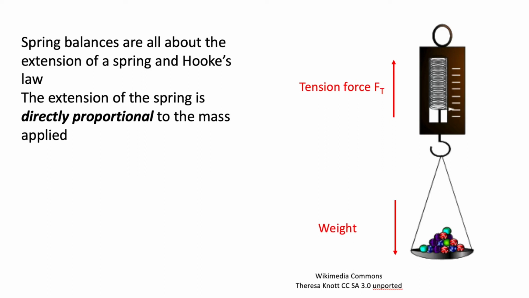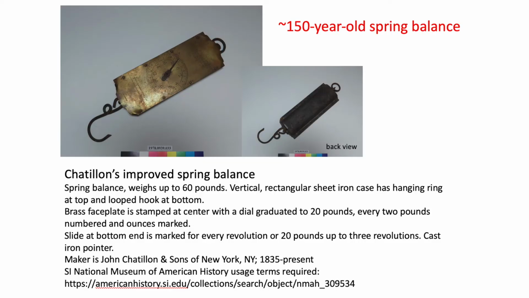The extension of the spring is directly proportional to the mass, the tension force upwards, and the weight due to gravity pulling downwards. And here's an older 150-year-old spring balance, and you can pause to read a little more details of that.